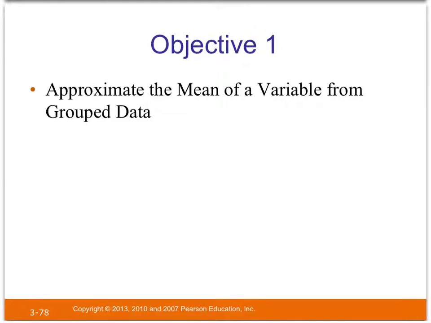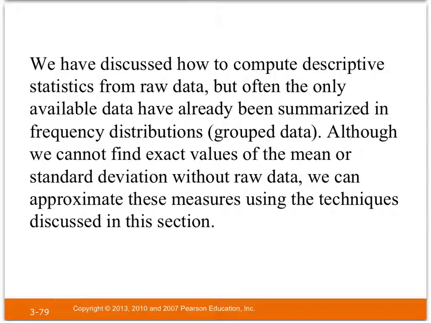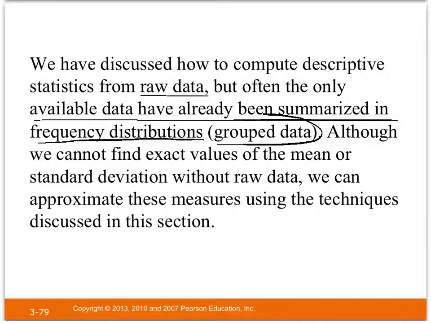Now, objective 1. We had previously discussed how to compute descriptive statistics from raw data, okay? But a lot of times the only available data has already been summarized in frequency distributions, which we're going to call grouped data, okay?